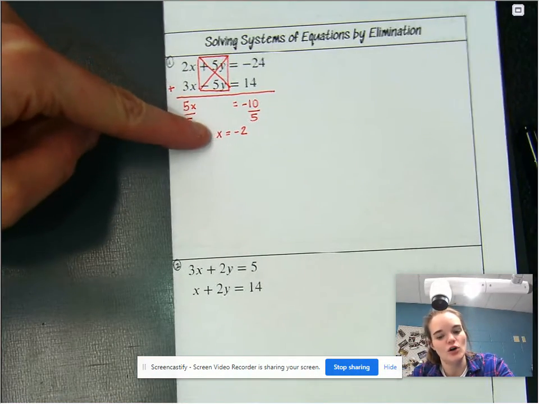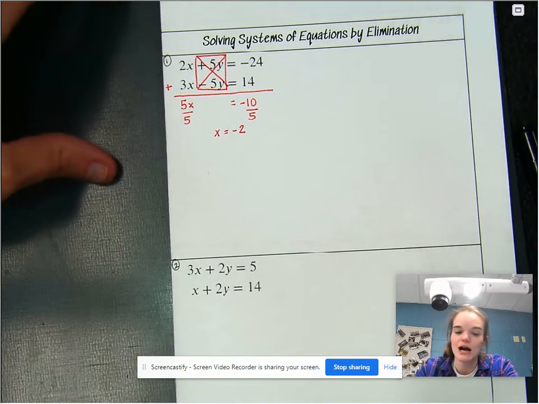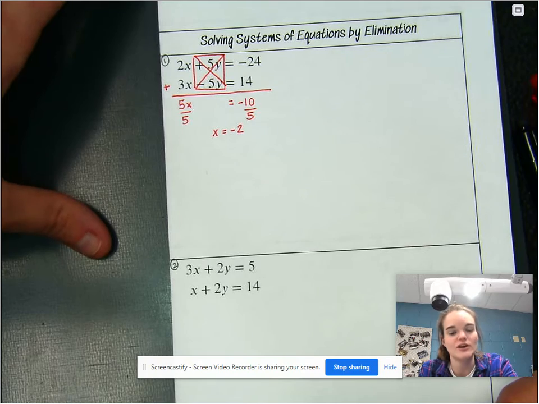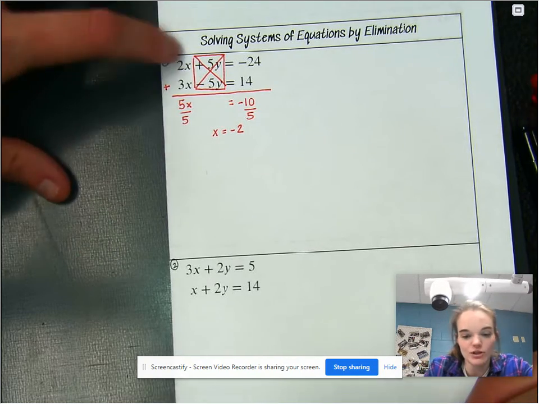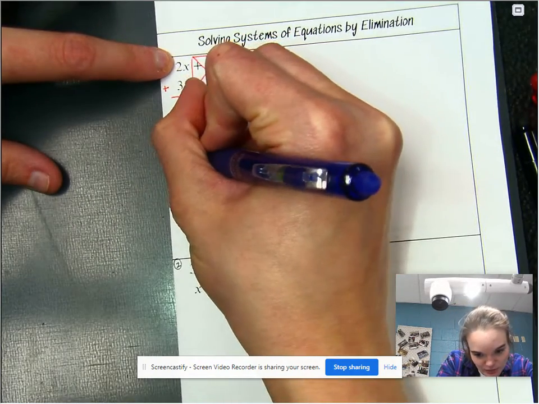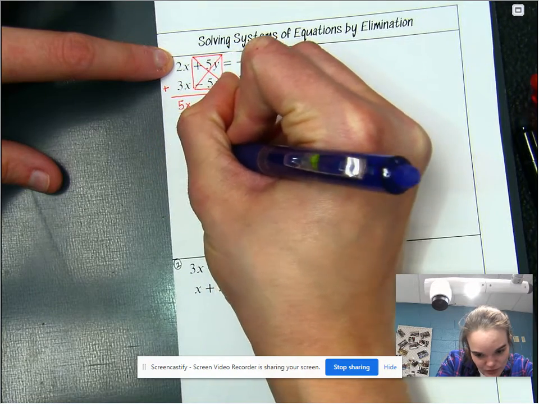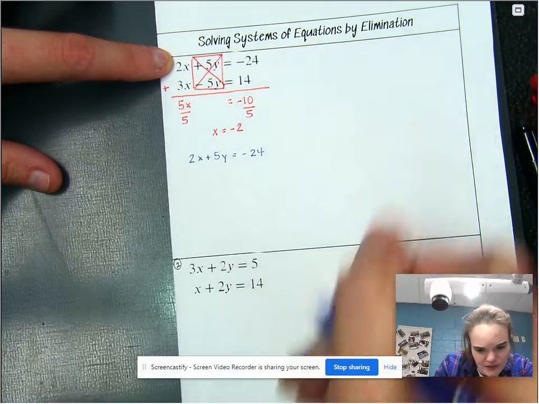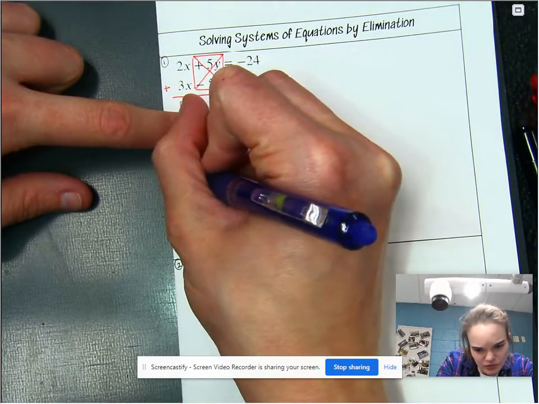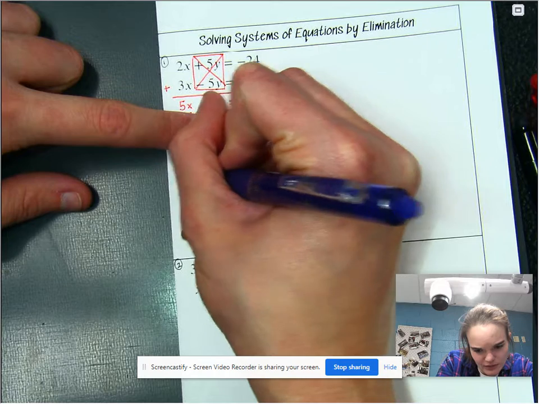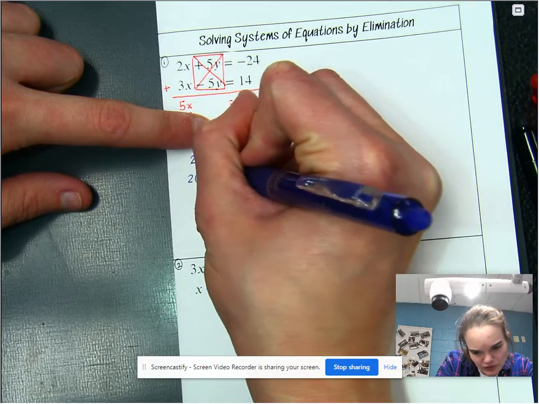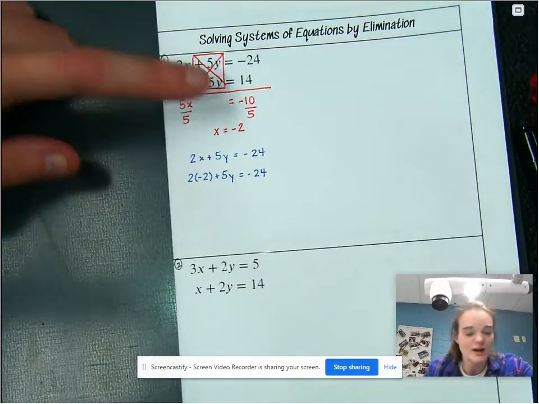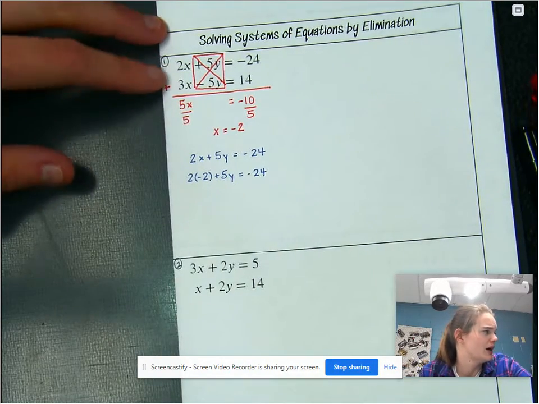Once I have solved for one of the variables, I'm going to plug it back into one of these equations. It does not matter which. I'm going to use the top one in this situation, but it didn't matter. I'm just going to rewrite that one down here, and then plug in for x. So 2 times negative 2 plus 5y equals negative 24. After I plug in x, I'm going to solve for y.